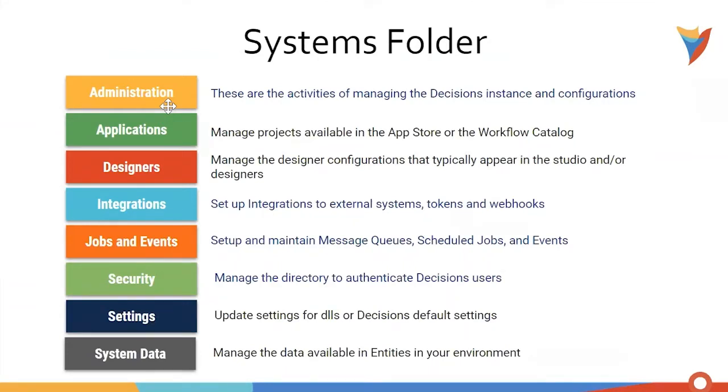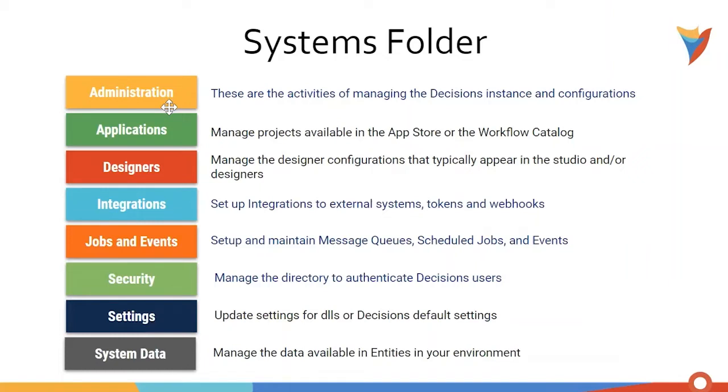So designers manage the designer configurations that typically appear in a studio or designers. Integrations is the place where we can set up our integrations to external systems, access the tokens as well as webhooks. So jobs and events helps us to set up or maintain message queues, schedule jobs and events.